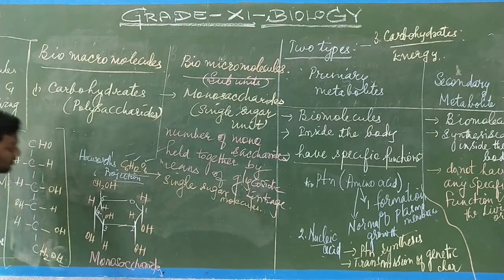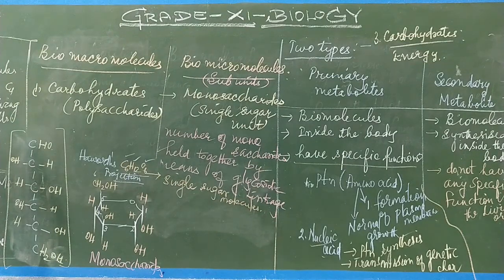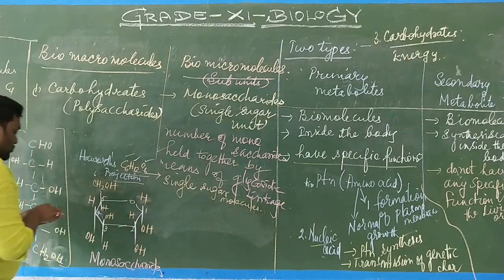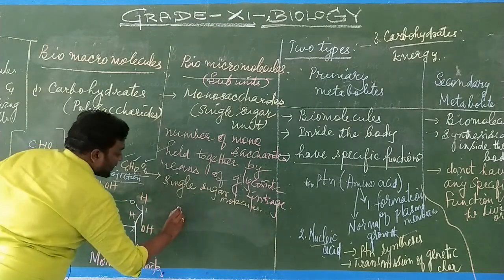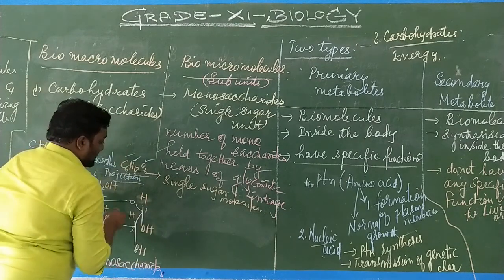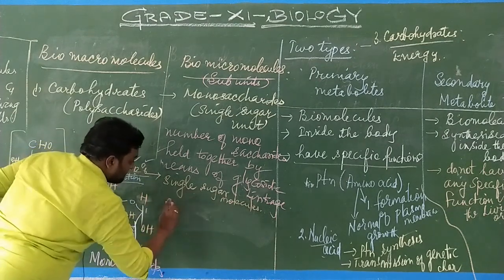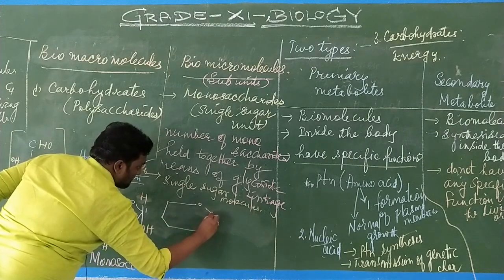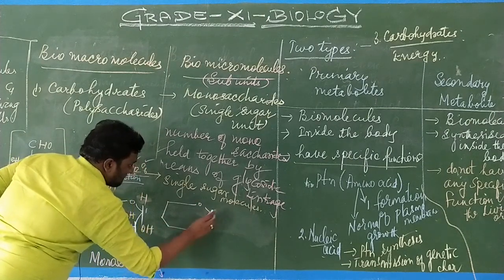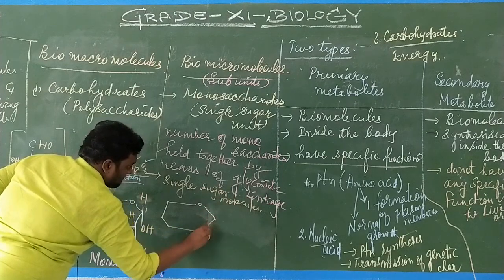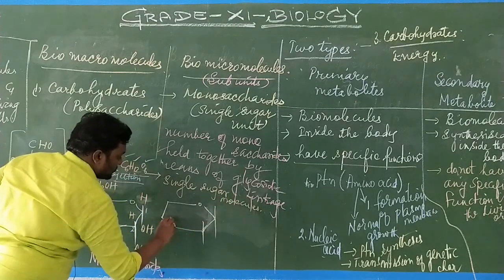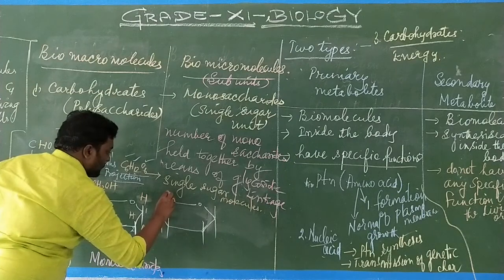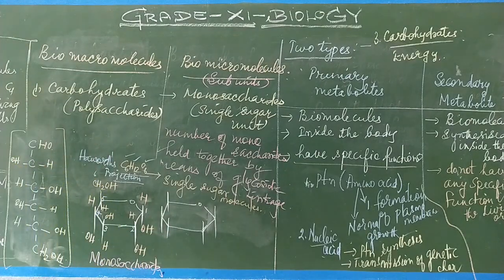This is called what? Monosaccharide. Now what am I going to do with this? I am going to convert it into a polysaccharide. See how to convert it. This combines with one more sugar. Draw the same structure here, with the same pattern. So 1, 2, 3, 4, 5, 6, isn't it?